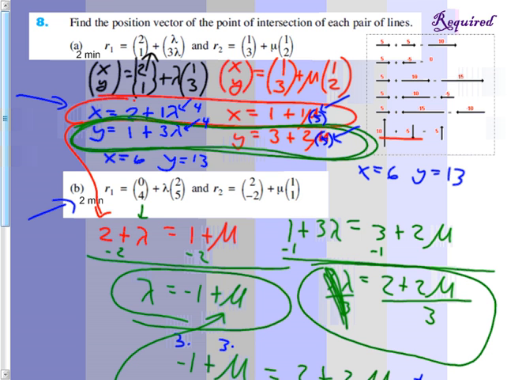Okay, so your job, I already told you what B comes out to be for lambda and mu. You can try to replicate that answer. Make sure that when you rewrite these equations and put them into parametric form and solve them, that they come out to the same thing that I said they would.